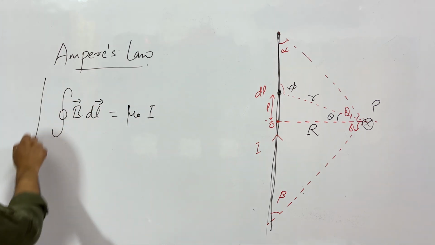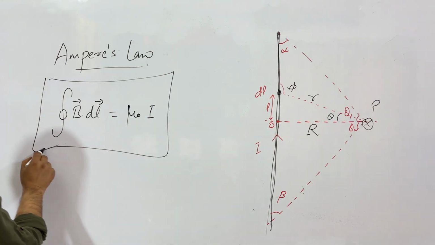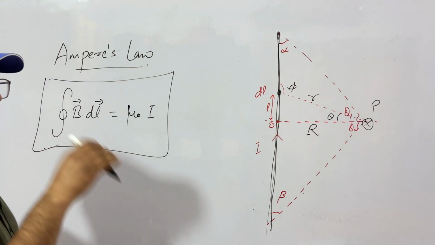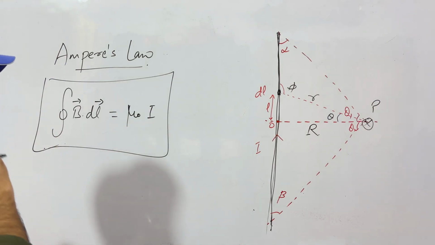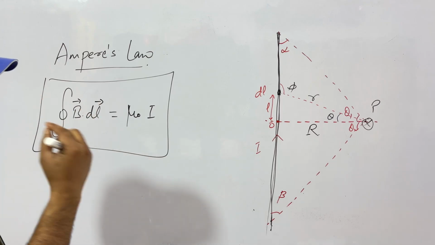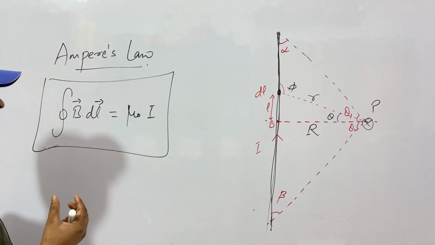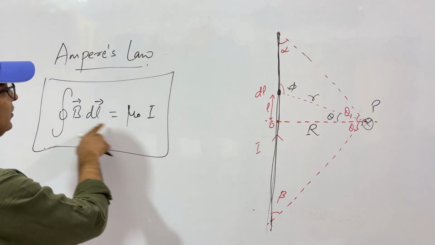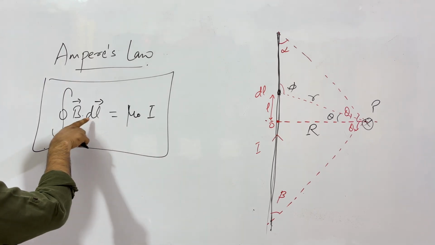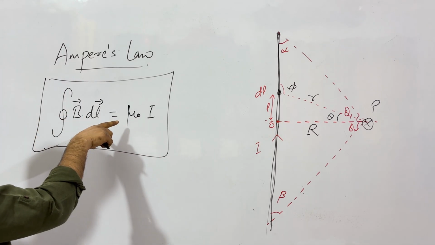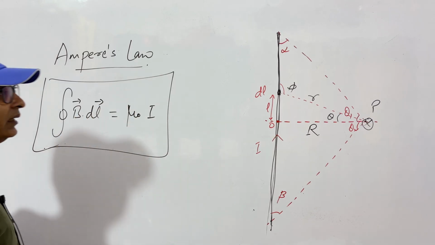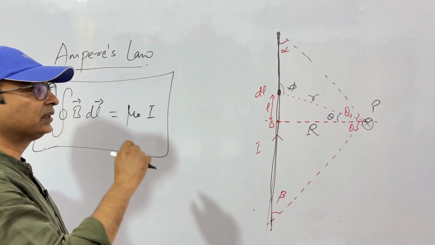If we have a closed surface, called an Amperian surface, with several currents passing through it, and a symmetrical shape, then we can find the magnetic field intensity by this. ∮B·dl over the closed path is μ0 I, where I is the total current enclosed.